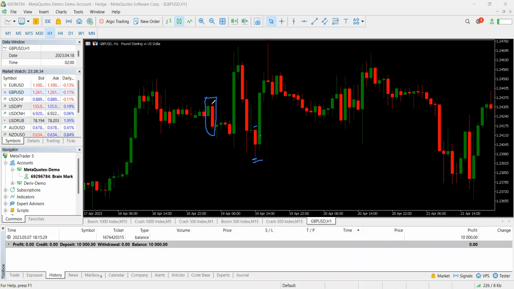All right. So these particular two candles here, we can now see that the green one is smaller than the red one. So at the end of the day, it swallows the green one. So we will call this also an engulfing candle.